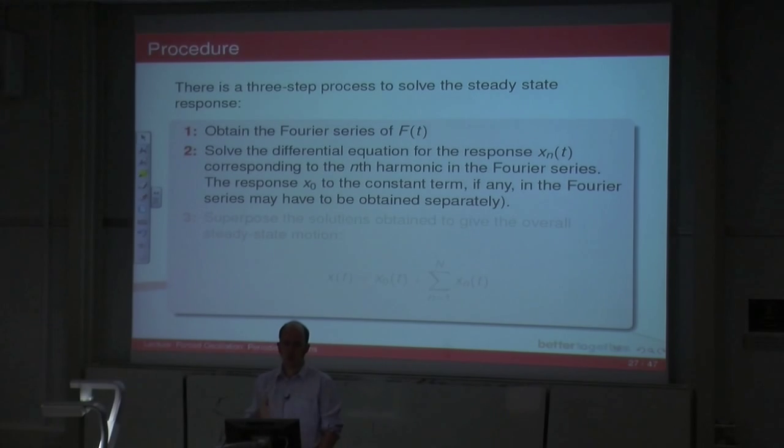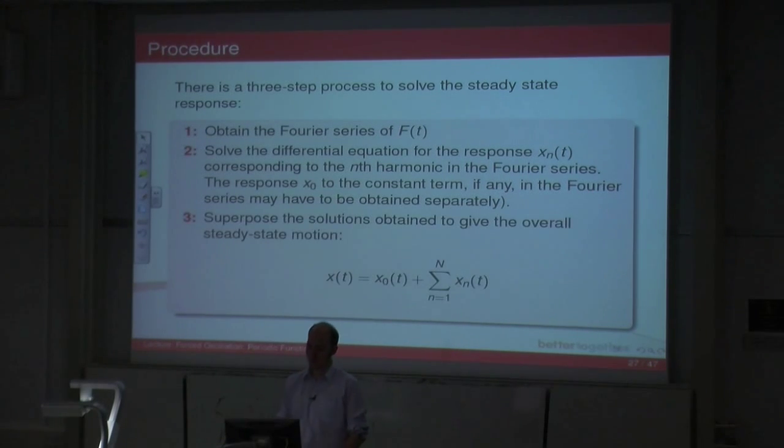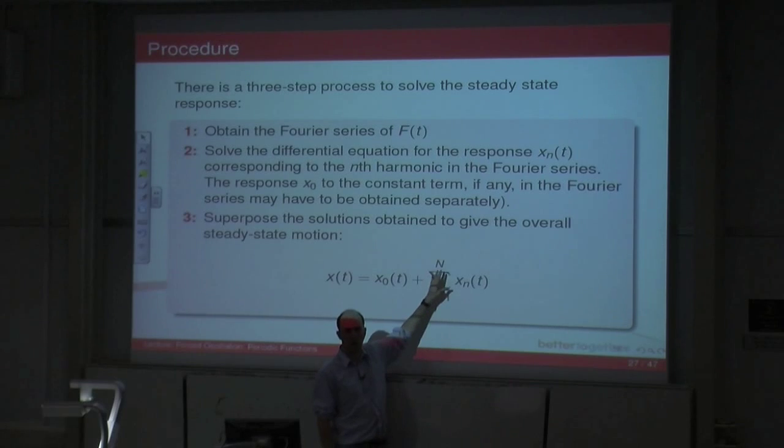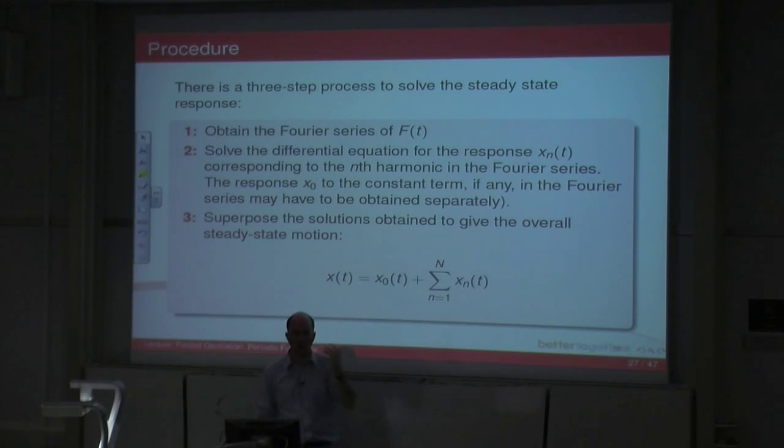And then obviously, if there's a constant term, you need to solve for x0, okay, if any in the Fourier series. And so you get x_n and x0. And then you superpose the solutions obtained to give the overall steady state motion. So you've got your solution to the constant term plus a number of terms that you add together. Obviously that number of terms would be infinite if you've got infinite number of terms. Here we've just said N terms.